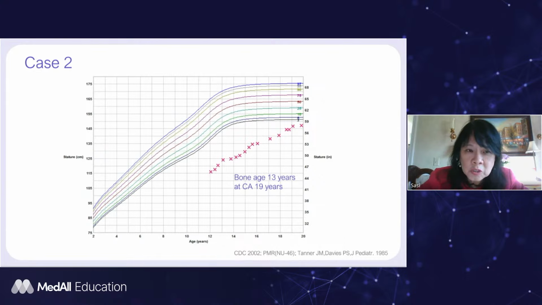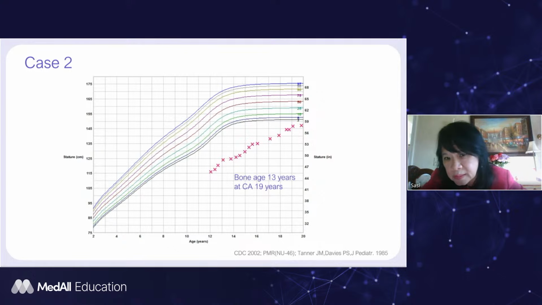So back to case 2, who had growth hormone deficiency due to craniopharyngioma. When she presented, she had significant short stature, and then after receiving growth hormone, her height increased. But unfortunately, she had a recurrence of her craniopharyngioma, and then we had to stop growth hormone. So you can see, from around age 13, her height plateaued because we stopped growth hormone briefly during her tumor recurrence, and then she restarted growth hormone again with increased growth.